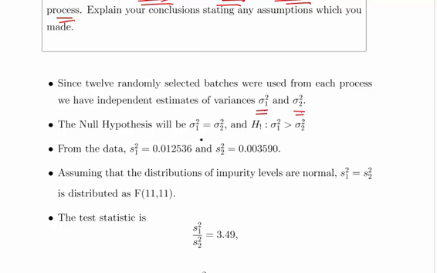Now the null hypothesis is essentially that they're equal to each other, or more formally stated, less than or equal to versus greater than. Here, seeing it's a reduction, that means sigma 1 squared is greater than sigma 2 squared. So sigma 1 being the big one, sigma 2 being the small one. Just think about it for a second, it makes sense.